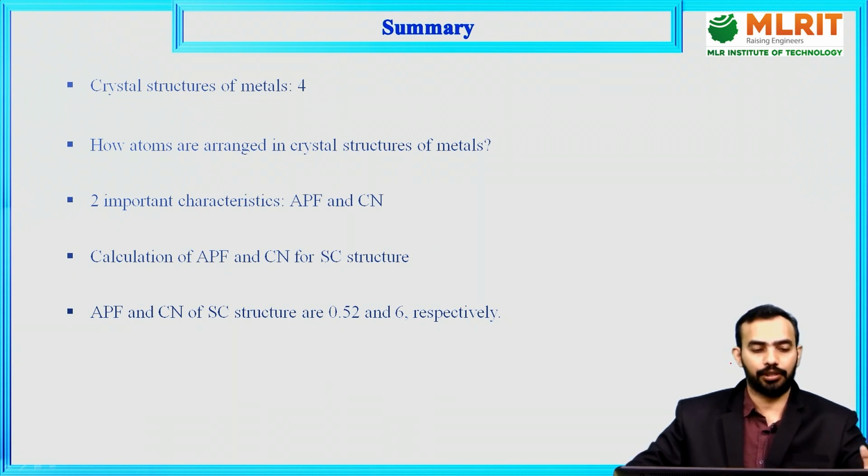Then we have discussed in each case how the atoms are arranged in the crystal structures in metals, and the 2 important characteristics, APF and coordination number, CN, we have defined, and we have seen the calculation for the simple cubic structure, and those numbers are 0.52 and 6.